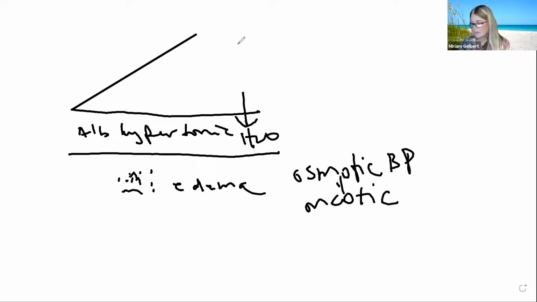It's the same thing, okay? Osmotic and oncotic, same thing. So the plasma protein albumin in our blood vessels makes for that 25 millimeters of mercury. Oncotic blood pressure determines that every single little water droplet stays within the blood vessel and that we are not leaking anything out.